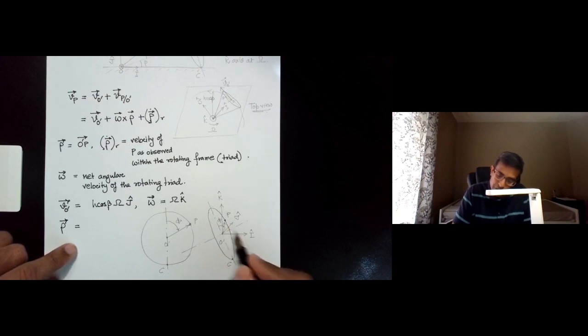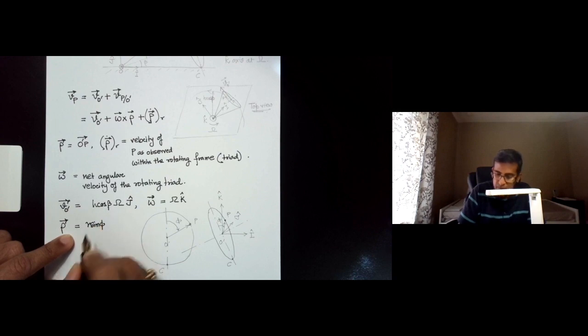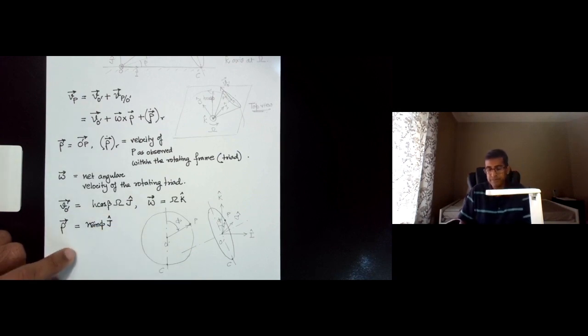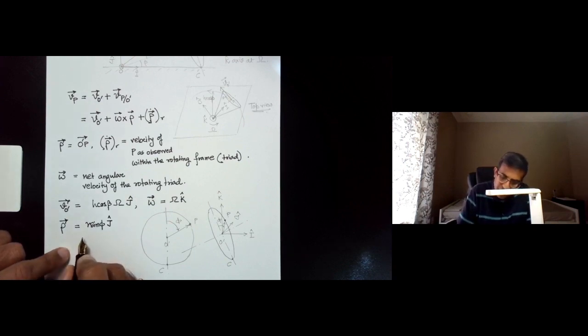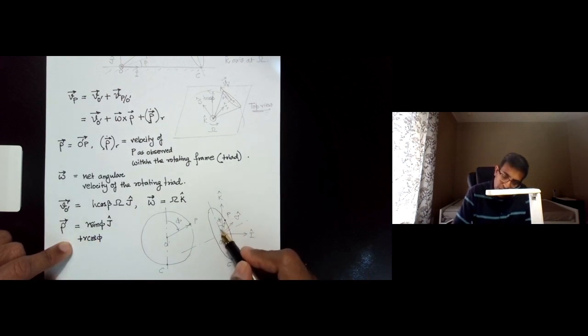And if you resolve O prime P along the face of this circle, then you will have r sine phi along the j direction, and r cosine phi will resolve O prime P along this inclined line.